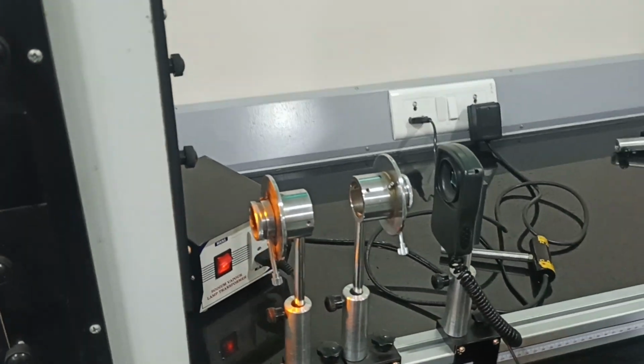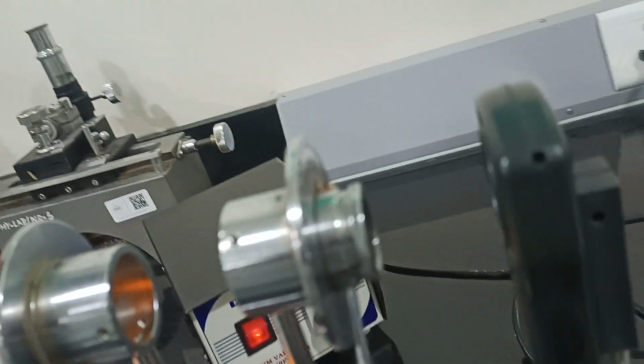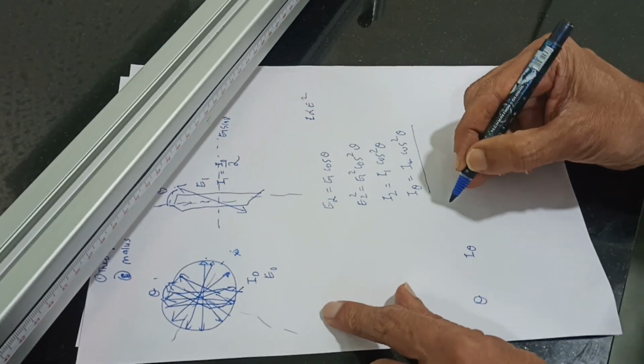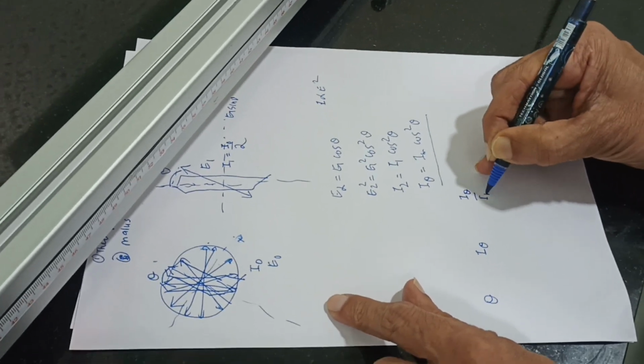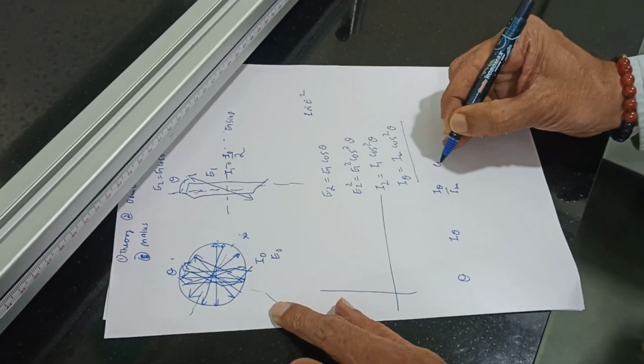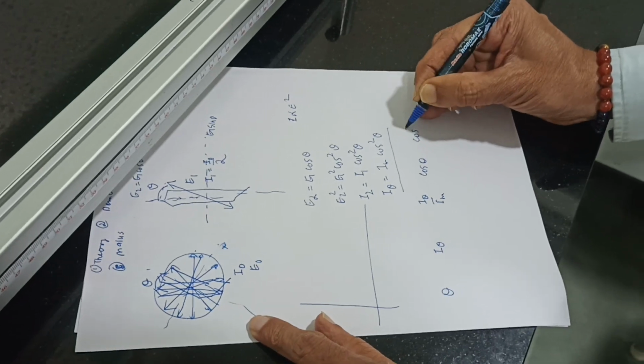We will vary theta and measure I theta each time, and then we will calculate I theta by Im. We will also calculate cos theta and cos square theta.